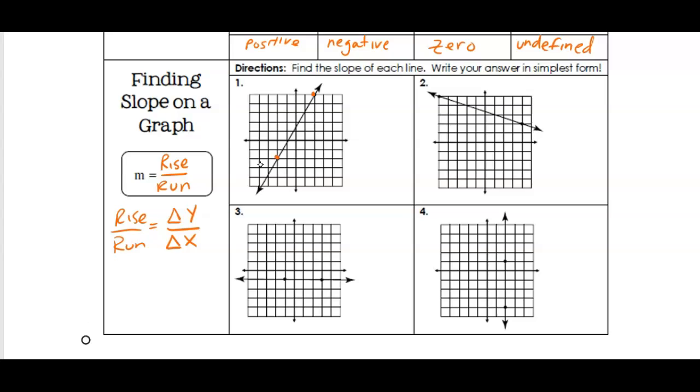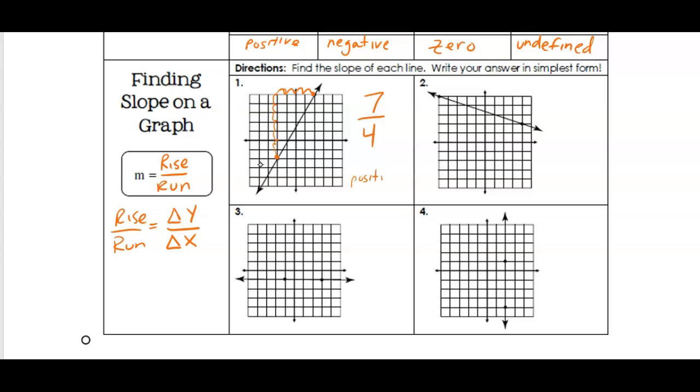We go up 1, 2, 3, 4, 5, 6, 7. And we go over 1, 2, 3, 4. This is one of those ones that, if we went back up here and looked at our definitions, is a positive slope.